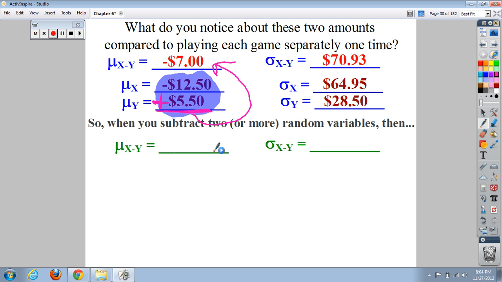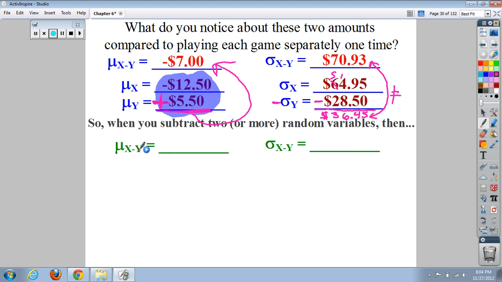Negative $7. But again, if I subtract my standard deviations here, well, let's see, that's 5, that's 4, let's see, $36.45, which again is not the same as that.